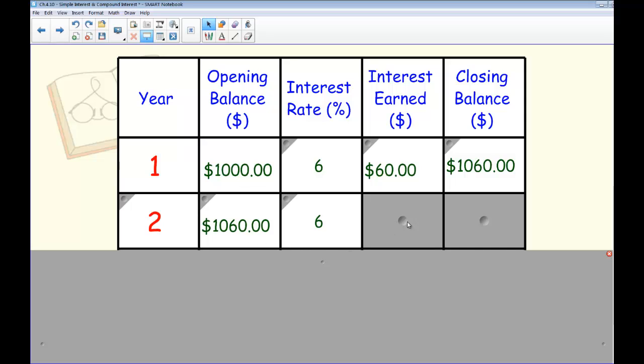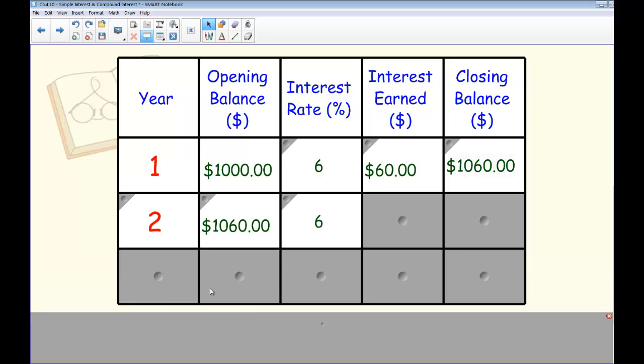So we're going to calculate this value, then calculate the closing balance, and then we're going to do the same thing in year 3, assuming that the interest rate is the same. So take a few moments to calculate these values, then check your answers.